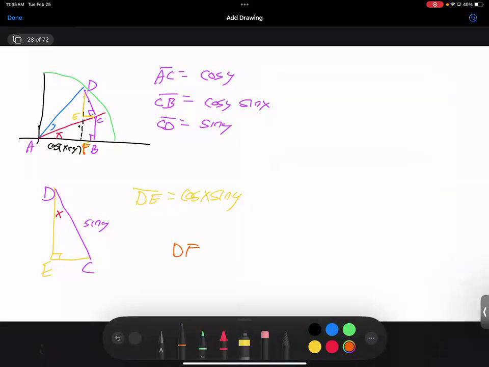So DF would be the sine of X plus Y, and that's going to be DE plus CB. You agree that DE plus CB is going to be the same. And DE is going to be cosine X sine Y. Okay, so I wrote things in the wrong order. Oh, well.